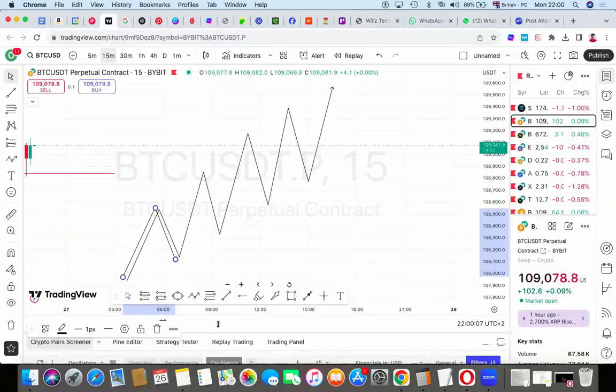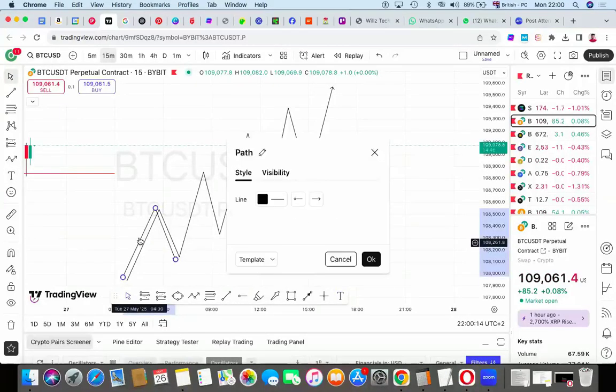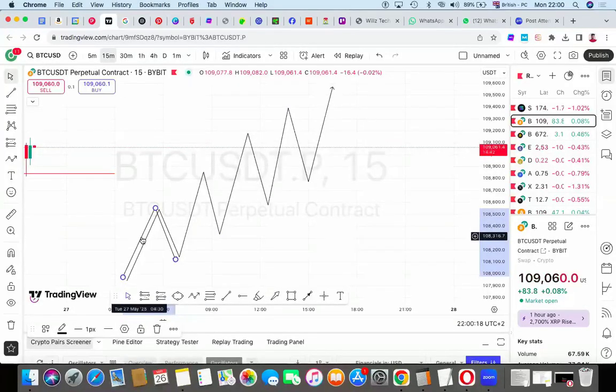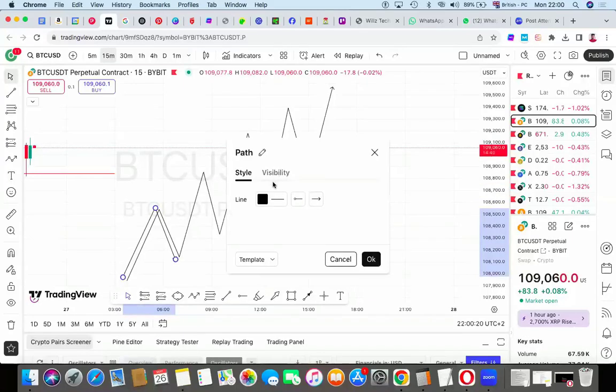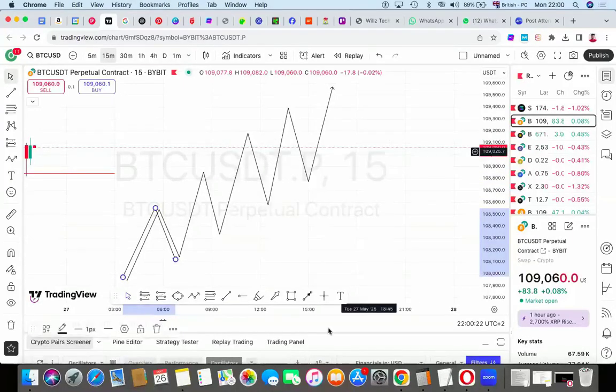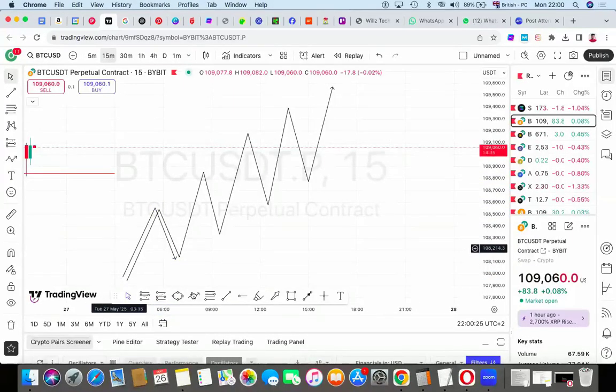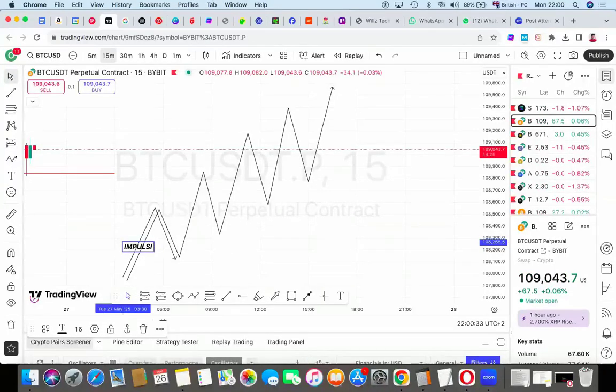So it does an impulsive move to the upside.